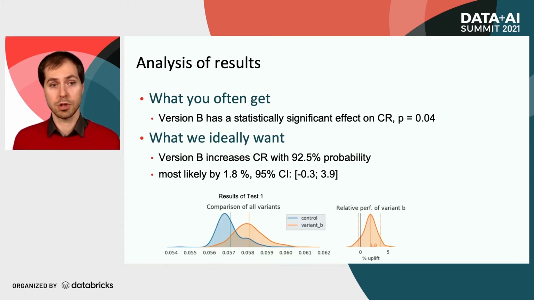And then you can also show nice density charts like that, or box plots, etc. So here on the left, we can see the possible distributions of the possible values of the conversion rate in the control and the B group. On the right, you can see the possible differences, the uplifts. So it's somewhere around 1.8%, but it can be even negative, but most likely it will be positive.